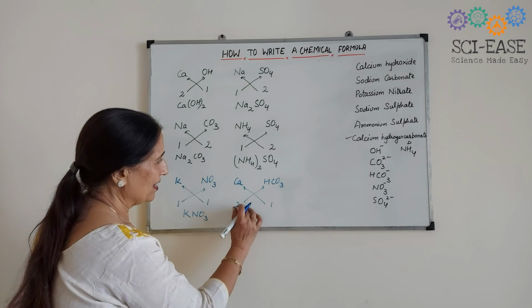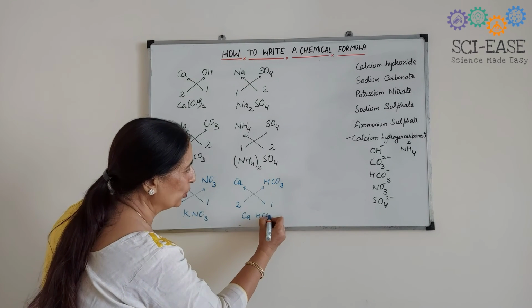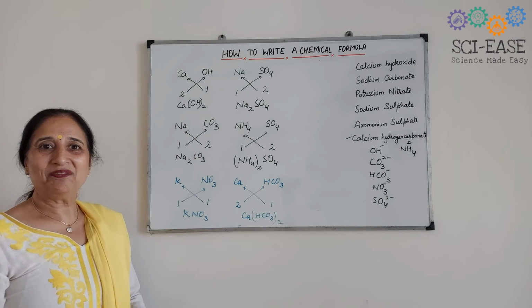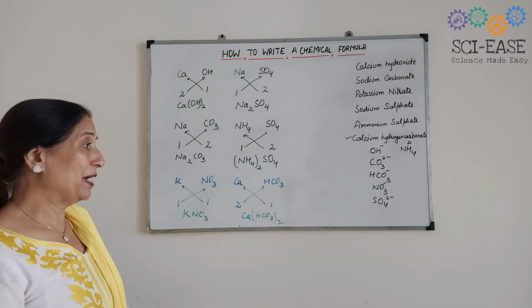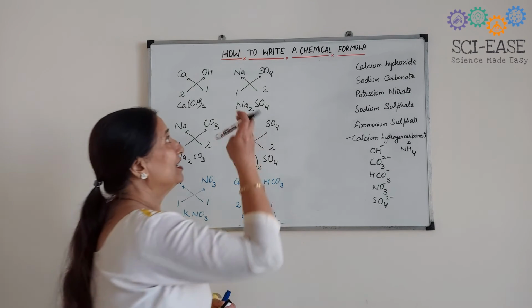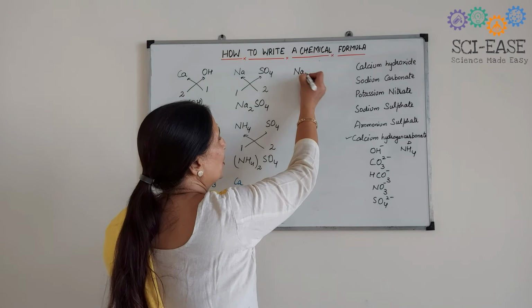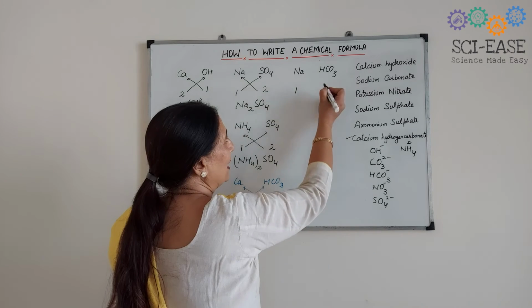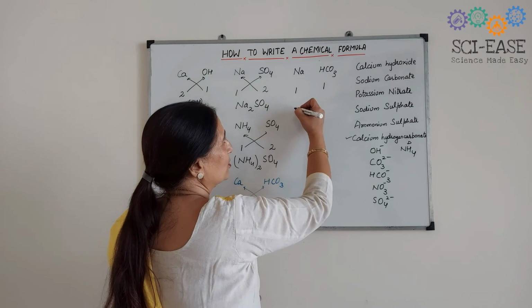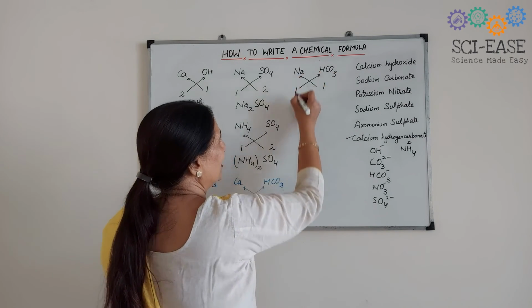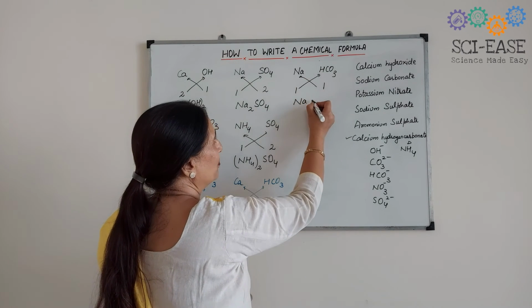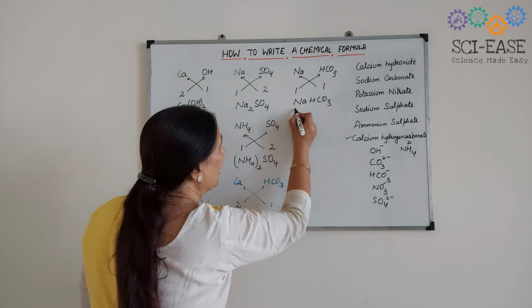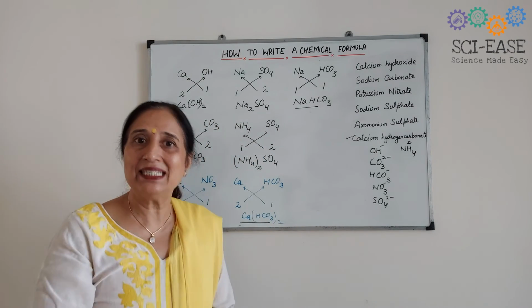Ca(HCO3) whole twice. Clear? If it is sodium bicarbonate or sodium hydrogen carbonate, then what will be the formula? Sodium has valency 1, hydrogen carbonate also has valency 1, cross it. Now the formula will come out to be NaHCO3. So you see the difference in the formula, and the difference is only due to the valency.